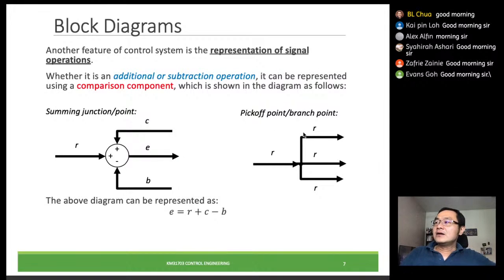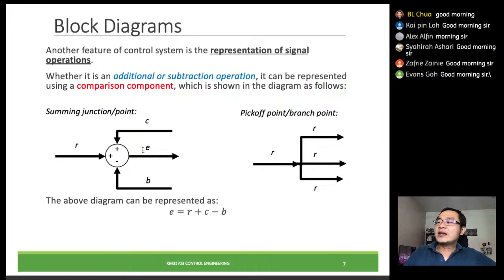Now, in order to represent the diagram, we have several representations of signal operations. We can sum them up, do additions or subtractions of a signal itself, through this summing junction or summing point. So we have this circle, where the signals may come in, go out, come in and come in.